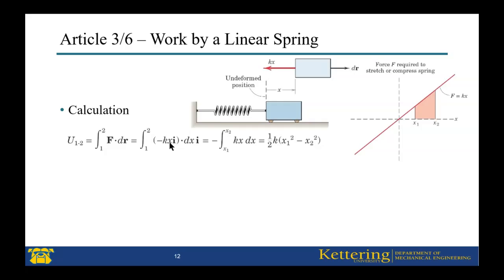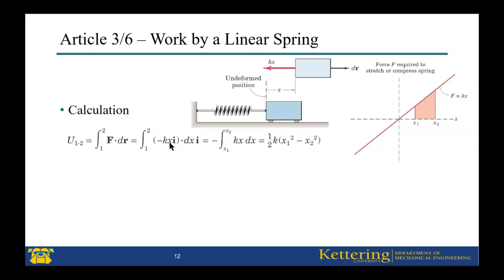Now, question. If I elongate the spring, will the work be positive or negative? Just elongate the spring. Positive or negative work? I will try this one in the gym. Imagine a string connected to you.